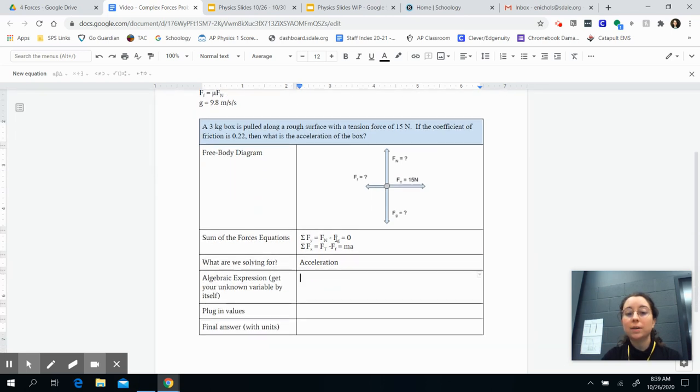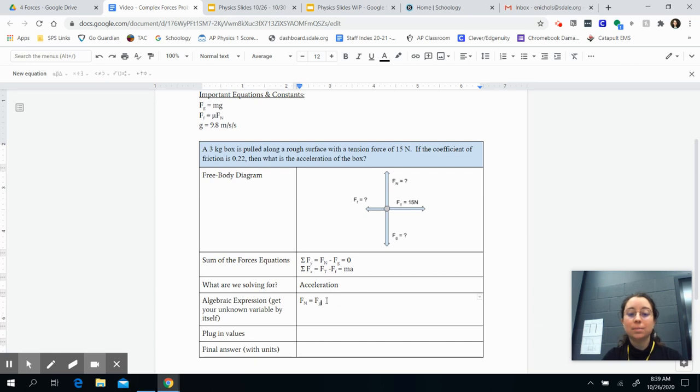So since I know that Fn minus Fg is equal to 0, I can go ahead and say that Fn is equal to Fg, right? If I move that Fg to the other side, then that 0 goes away. It's just moved to the other side. And I can go ahead and plug in my formula.